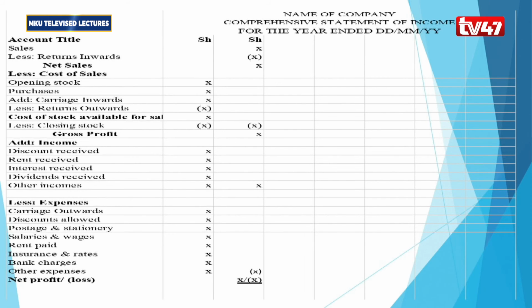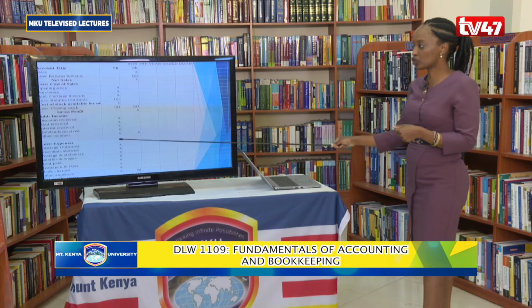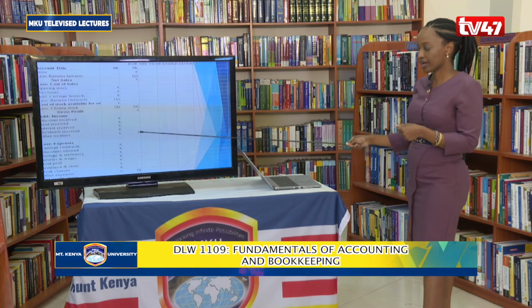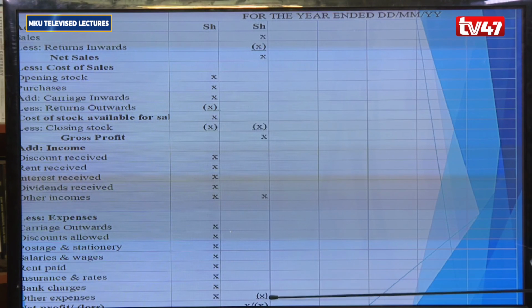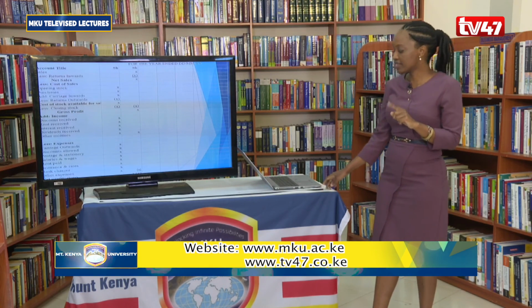Having done that, we go back to this. We'll add the gross profit to the total income, and then we deduct all our expenses. So if the total income is greater than the expenses, we expect that this particular company will report a net profit.